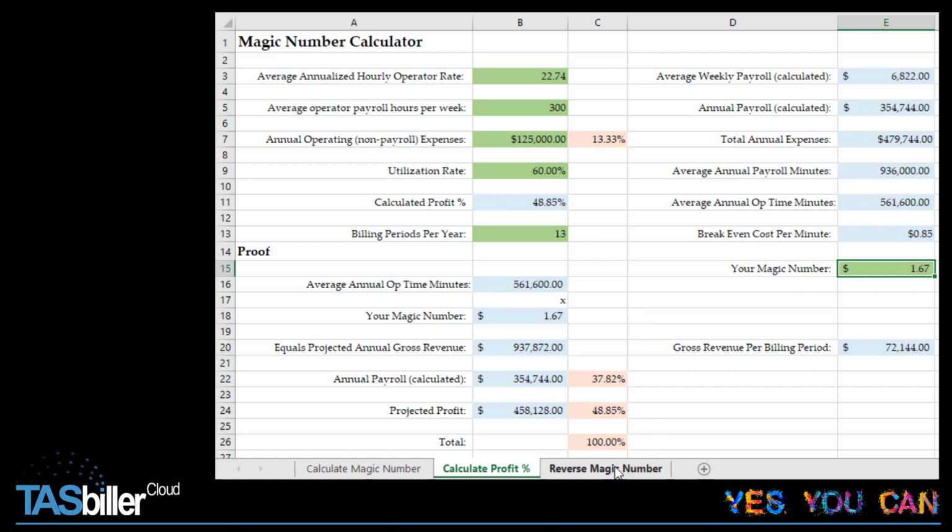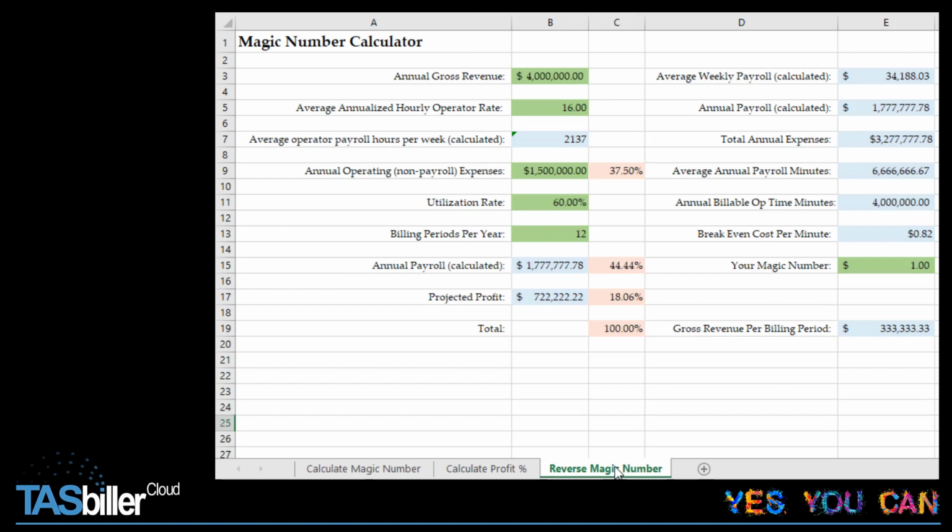Now, what I've done is, I call this kind of the reverse magic number. And I've taken into consideration some of the larger answering services where you're grossing $4, $6, $8 million. It's kind of a different ball game. Now, in these scenarios, you've got layers of management.